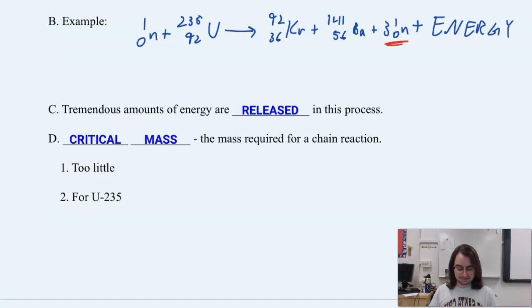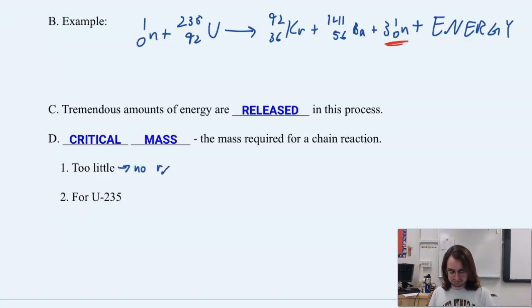There is this point called critical mass. We need to have enough of a substance for critical mass to be reached. Once critical mass is reached, that's when a chain reaction occurs. If we have less than that, there's no chain reaction. If we have too little of a substance, nothing occurs.